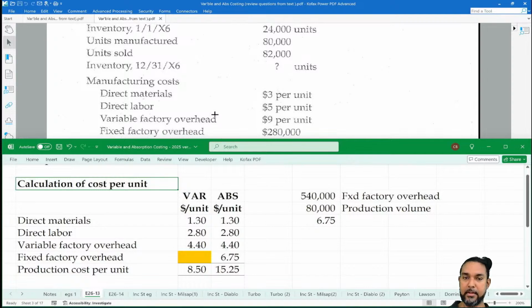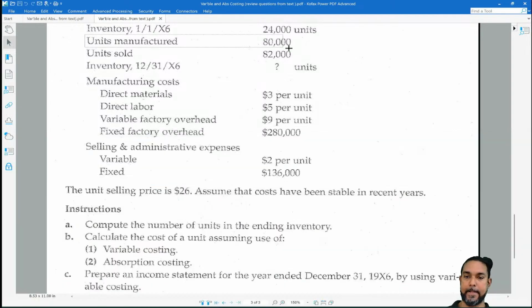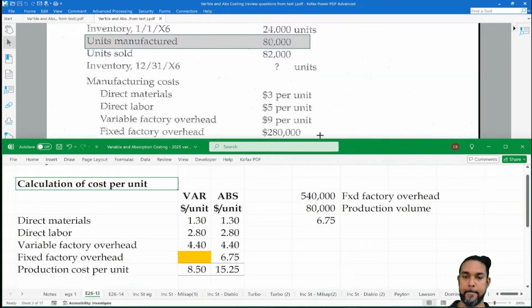So materials, labor, overhead, fixed. I'm going to give you a couple minutes, so start there. Calculation of cost per unit, and don't forget to note that we have 22,000 in ending inventory.